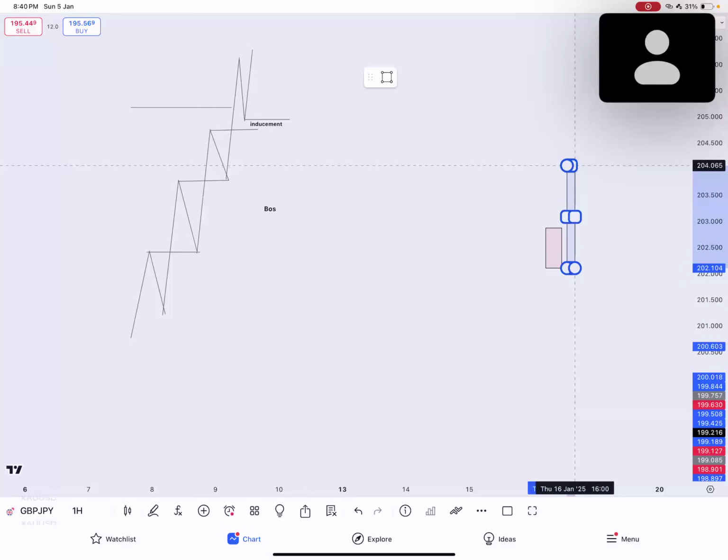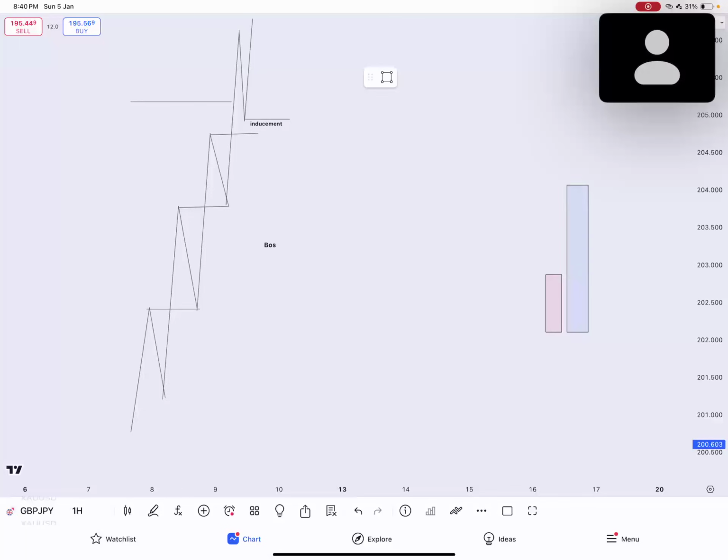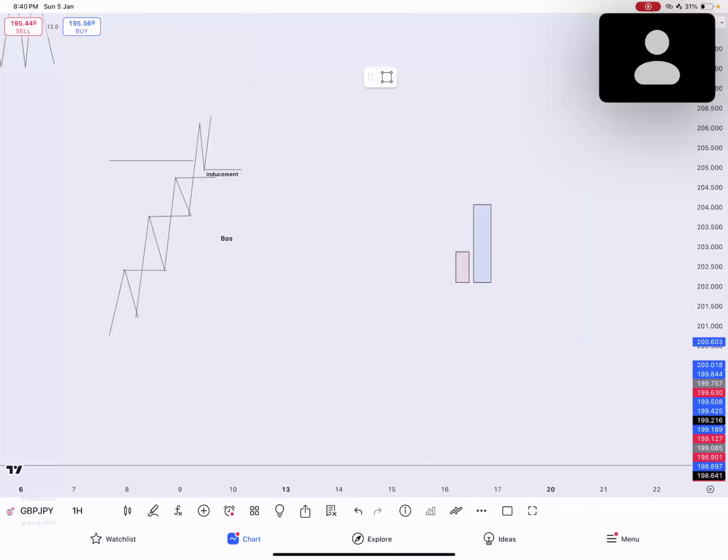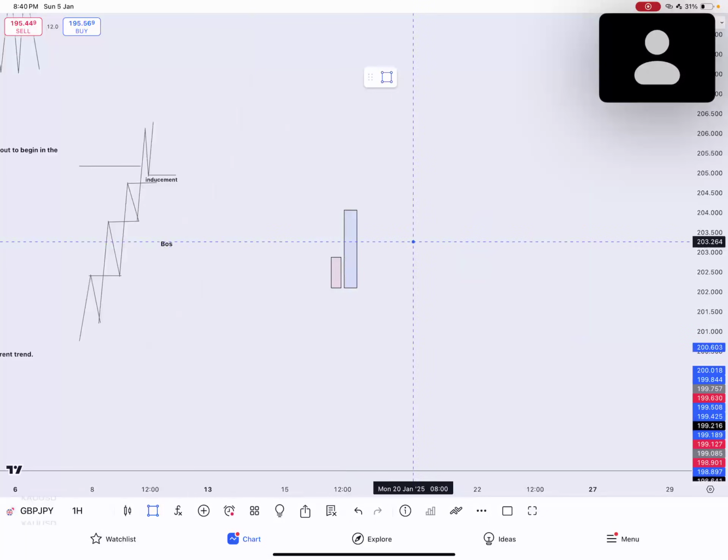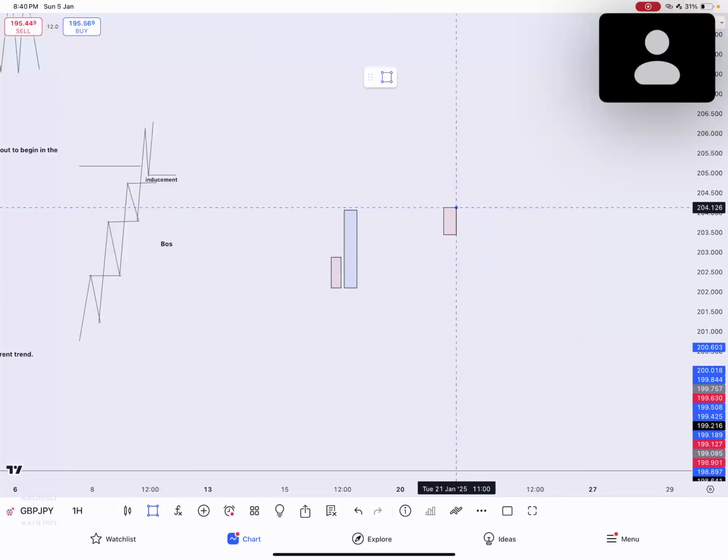This is what a bullish order block looks like. Then for a bearish order block, you will see a bullish candle, then you see a bearish candle engulf it.